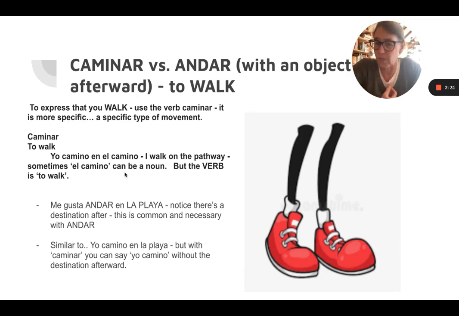That sounds confusing. So I walk, but remember that camino can sometimes be a pathway like that. So that's one of the uses of andar versus caminar. They're both used, they're both acceptable, but with andar, you want to have more information afterwards. Whereas caminar, you have more options to just simply keep it and let it be by itself.